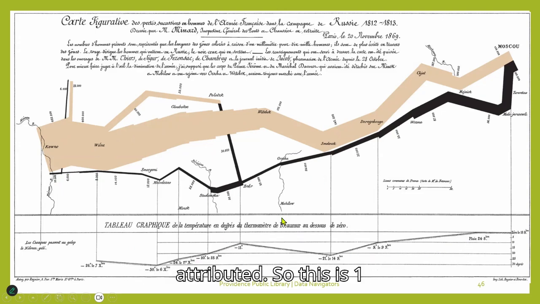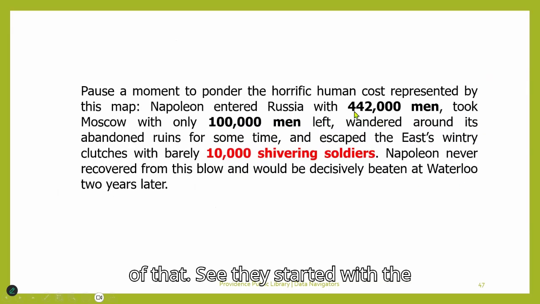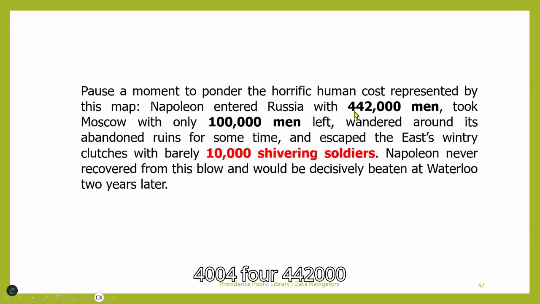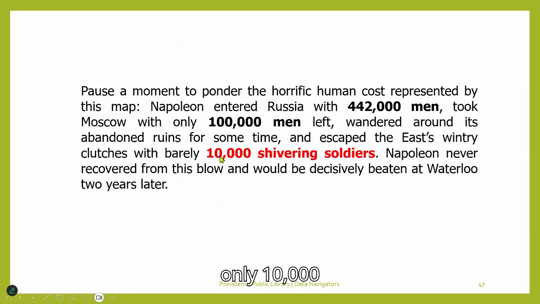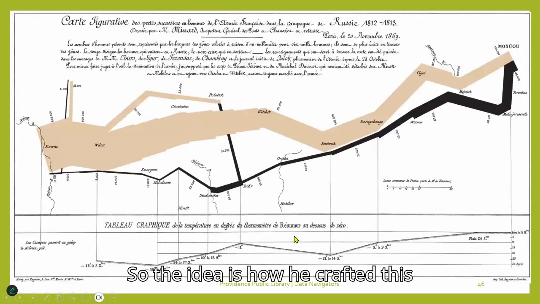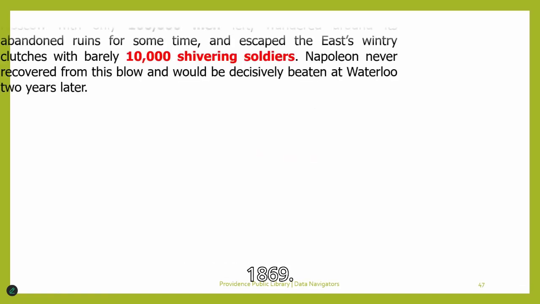So this is one classical example of that. They started with 422,000 men, and when they returned back, only 10,000 remained. So the idea is how he crafted this effectively in that period, 1869.